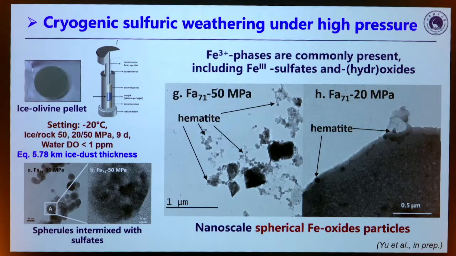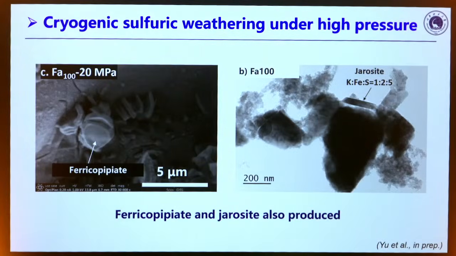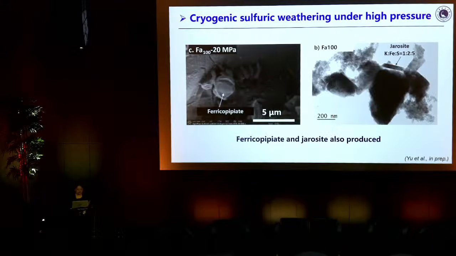We found nanoscale spherical iron oxide particles, as you can see in this picture, and we can also identify ferrihydrite and jarosite produced in our experiments. So under ambient or cryogenic conditions, you will easily oxidize the iron to Fe3+ in iron-rich olivine.